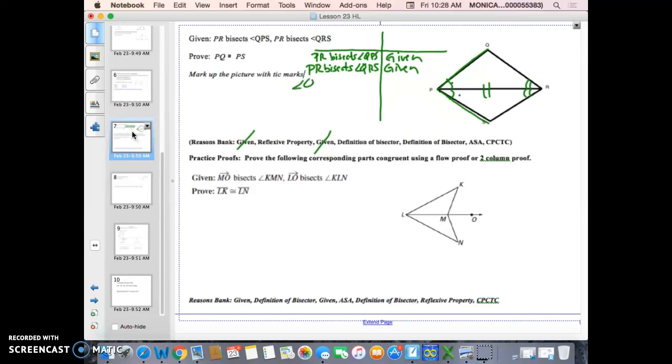So I'm going to say that angle QPR is congruent to angle RPS, and that's definition of bisector.